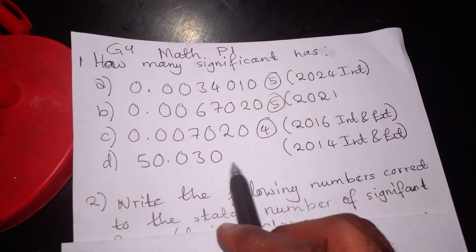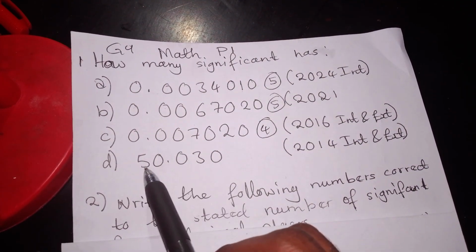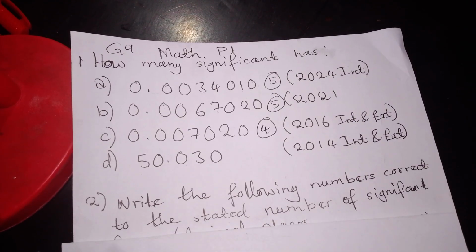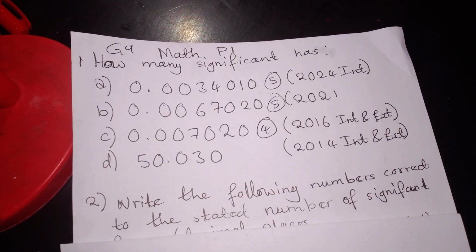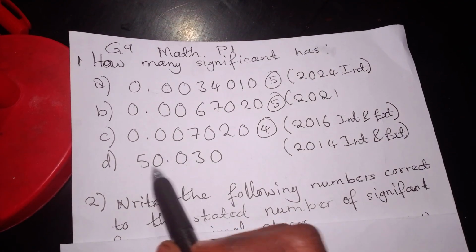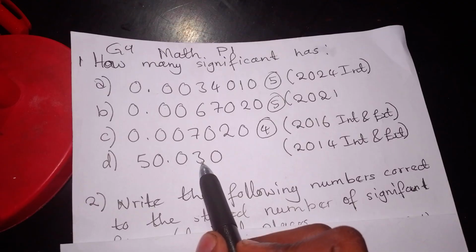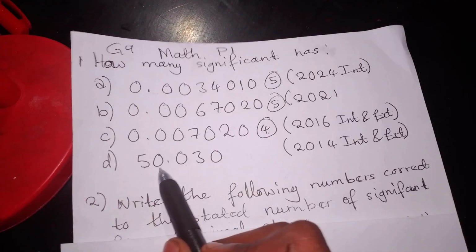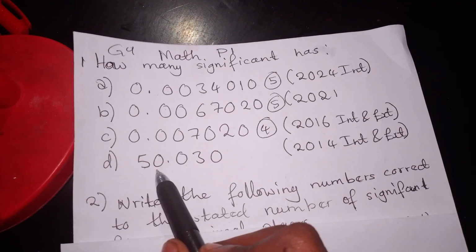And then in this case, we have a 5, a 0.03, and 0. So remember, the non-zero digits are all considered significant. So the 5 and the 3 both significant. And then the zeros between significant figures are also considered significant.